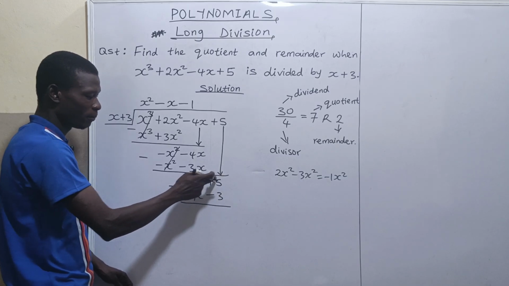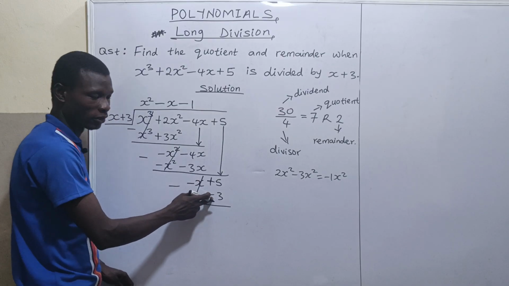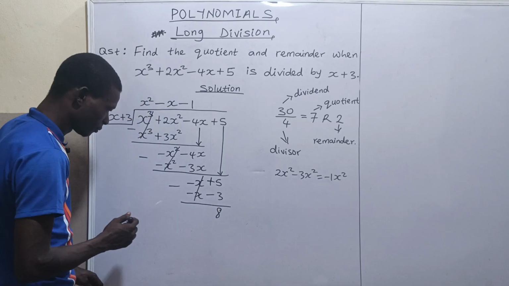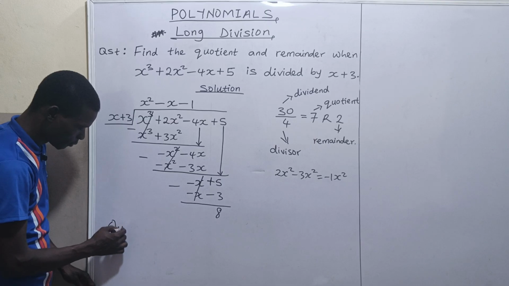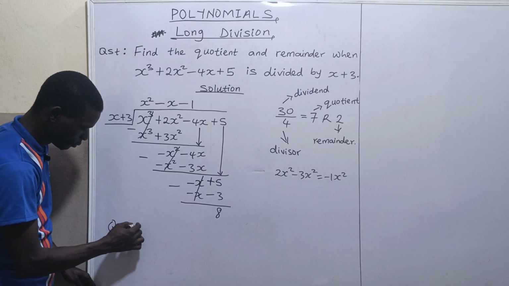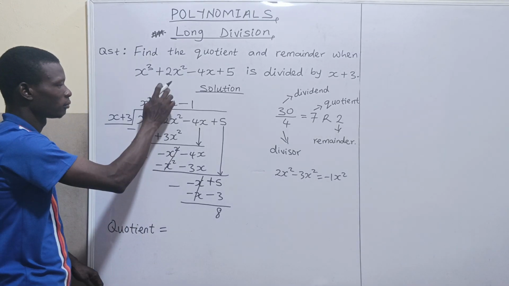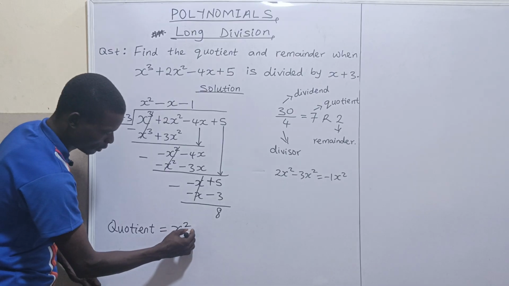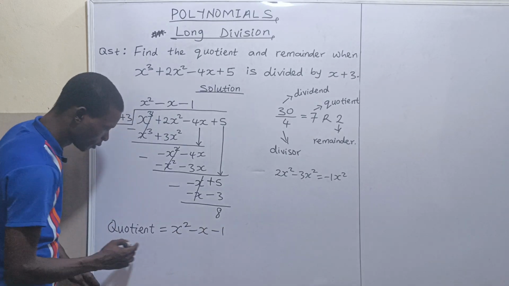Now positive 5 minus negative 3, minus times minus is plus. So 5 plus 3 will give us 8. And by that, our quotient will be equal to x squared minus x minus 1.